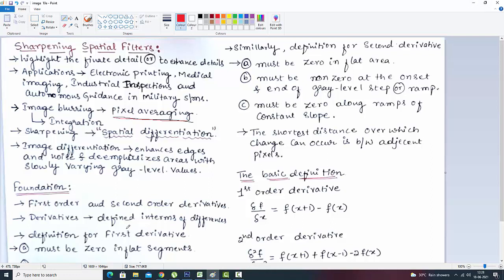How it can be done we will see later on. First let us see where it is needed. It is needed in many places, such as electronic printing and medical imaging. Industrial inspection also needs it, because if the thing is very blurred we cannot see it. And also autonomous guidance in the military, such as when they are looking from an aeroplane and fixing a target.